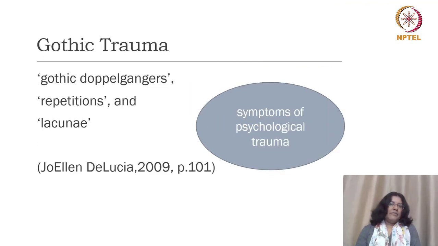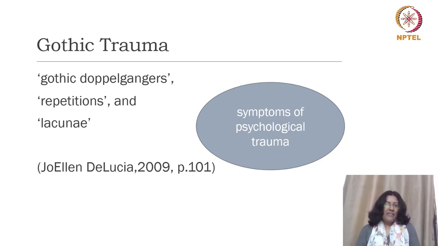Gothic literature is about trauma suffered by the central female character usually, and we have Gothic doppelgangers. By doppelgangers, we mean doubles, two people resembling one another eerily, either physically or psychologically. So there are similar figures proliferating in Gothic fiction.